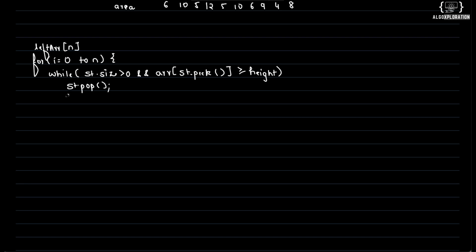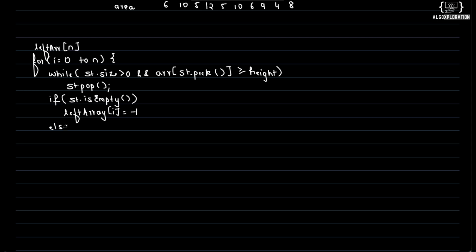Okay, now I need to check if stack dot is empty. If it is empty, then basically I need to have left array of I is equals to -1, right?